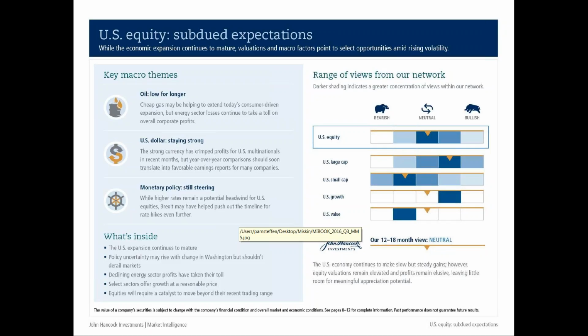And we ask them and work with them and monitor their investing to determine if they're bullish, meaning they believe that things are going to go up or outperform, in this case for U.S. stocks, or bearish, meaning that they would underperform or go down as it relates to U.S. stocks. And the color coding means the more concentration of those views.